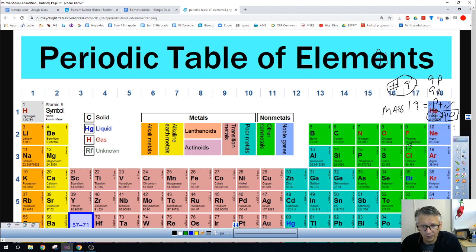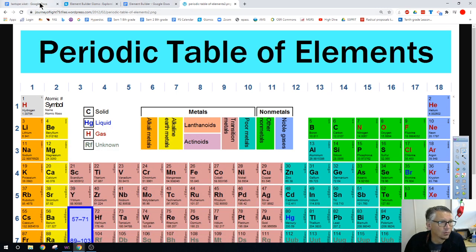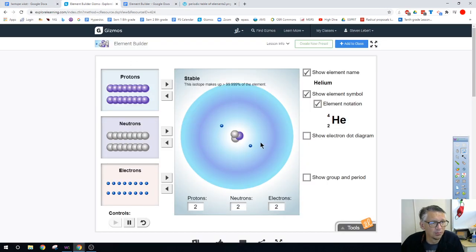For the worksheet, let's go to the Gizmos first. So this here is helium, and the notation is often called isotope notation because it tells us that its mass is 4, its number is 2, and that is helium.